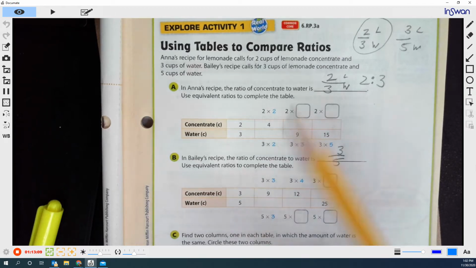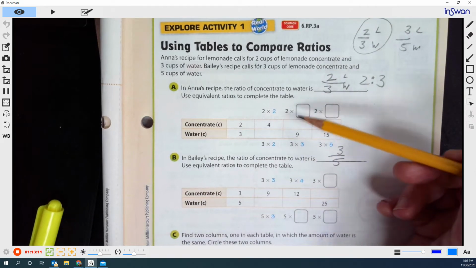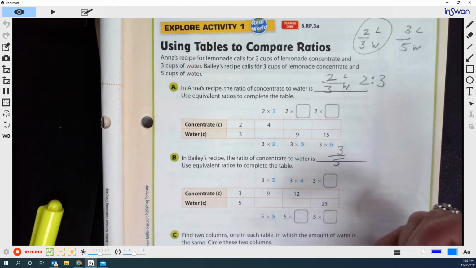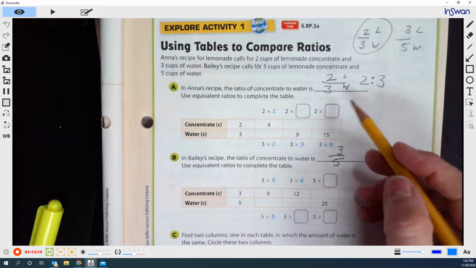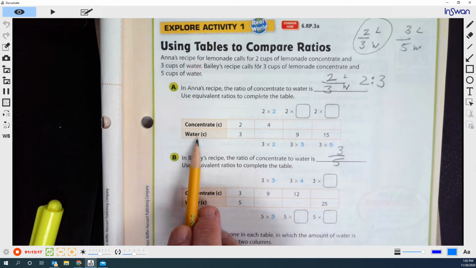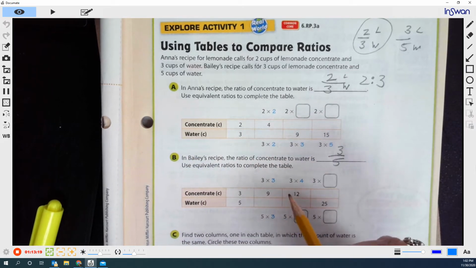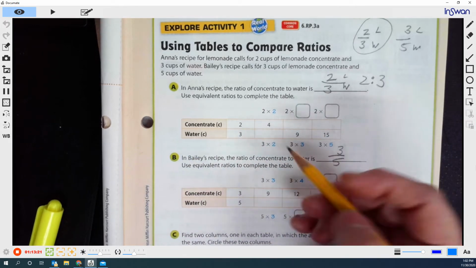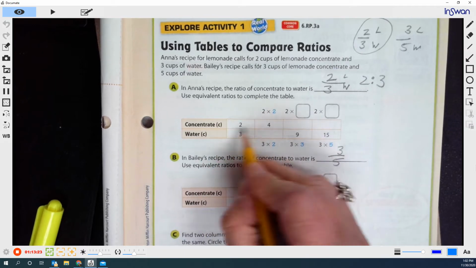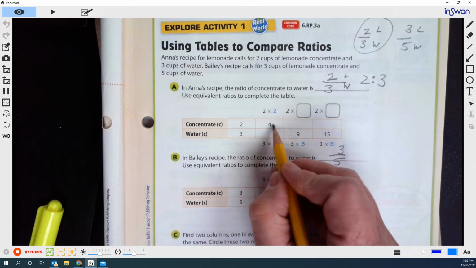Okay, we want to extend the columns where they have either the same amount of lemonade concentrate or the same amount of water. Basically, you want to do that so that we can see where there are commonalities. So remember the multiplicative value.